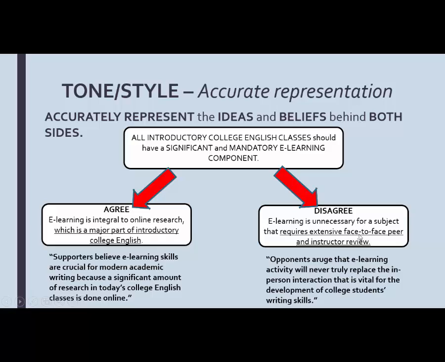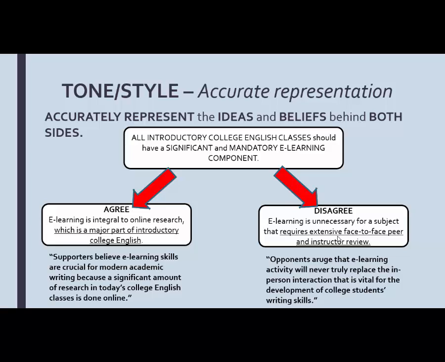So we extend this position beyond the requirement to that it won't truly replace it. We get at the heart of the belief. And we talk about how it's important for college students' writing skills, that it's vital that you have that face-to-face interaction. We take this statement about how it requires extensive, which basically means it requires a lot of face-to-face peer and instructor review, and expand that to talking about not just how it requires a lot of that, but why it's important that that exists.